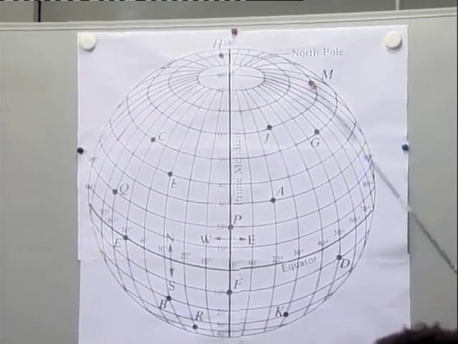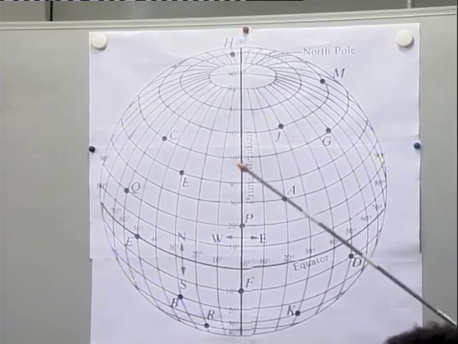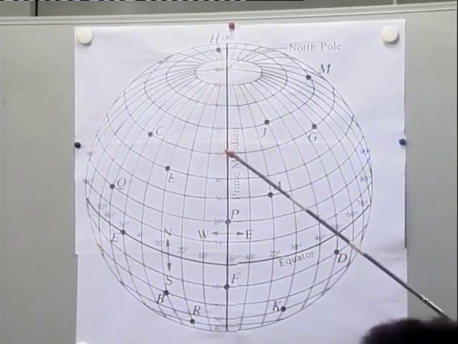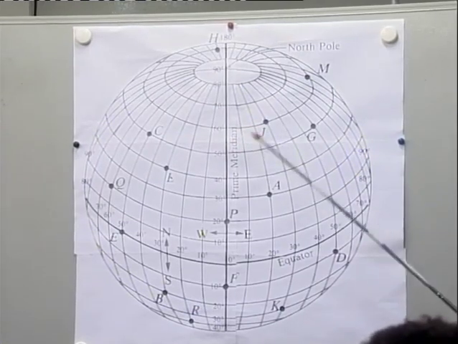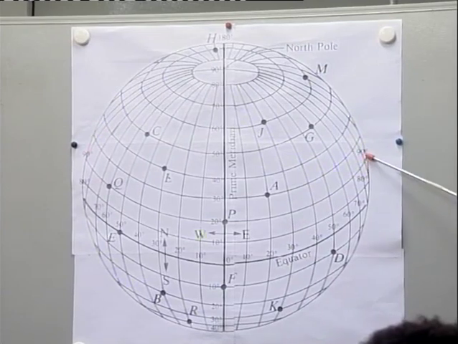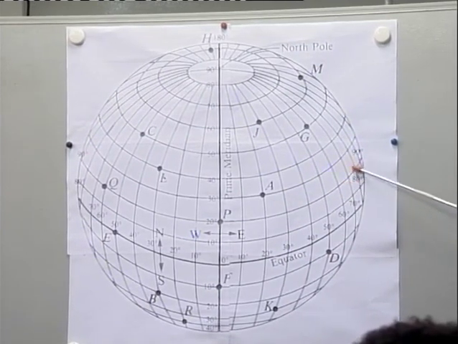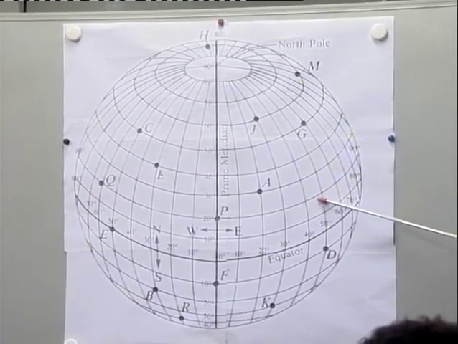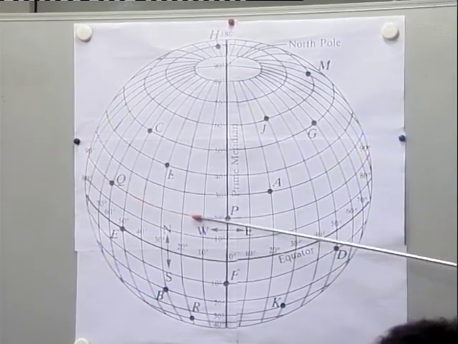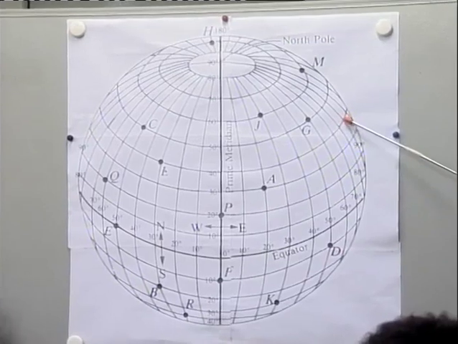Now, according to our definition or meaning of the word latitude, it says the lines running from east to west. So, on the globe, as you can see, these lines starting from east, running across to west, these are the latitude lines. Okay?